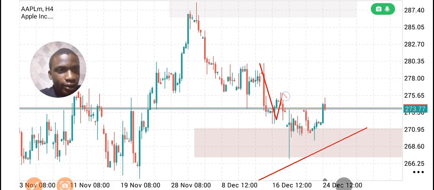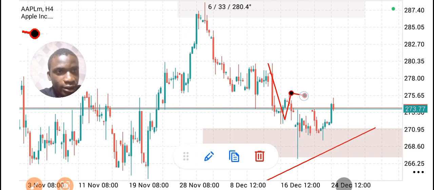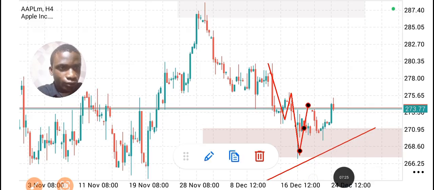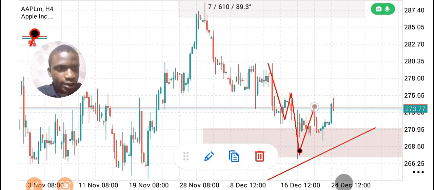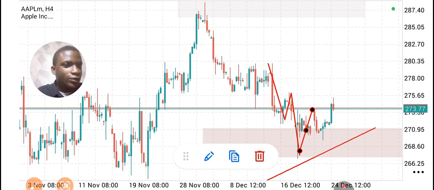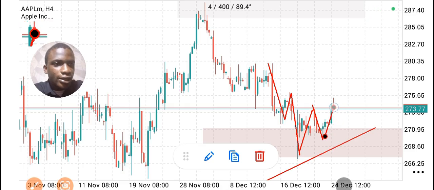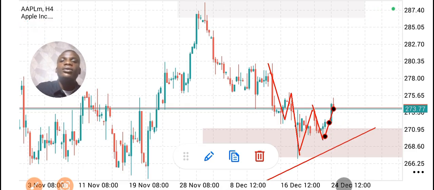And then the head. This is the head. We've drawn the left shoulder and then we've done the head. So let's go to the right shoulder. So this is the right shoulder. So now we have an inverse head and shoulder pattern.